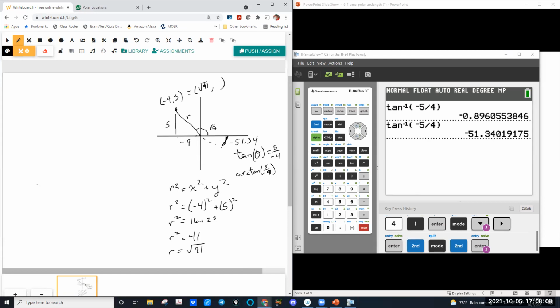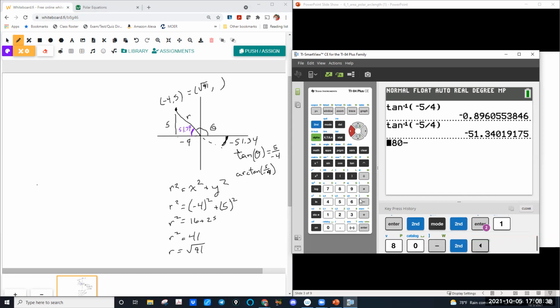Now, what we do know is if that angle there is 51 degrees, then this angle right here is 51.34 degrees, or 0.896 radians. So what we do have is a reference angle we can use to find ours. In degrees, we would do the 180 minus that.